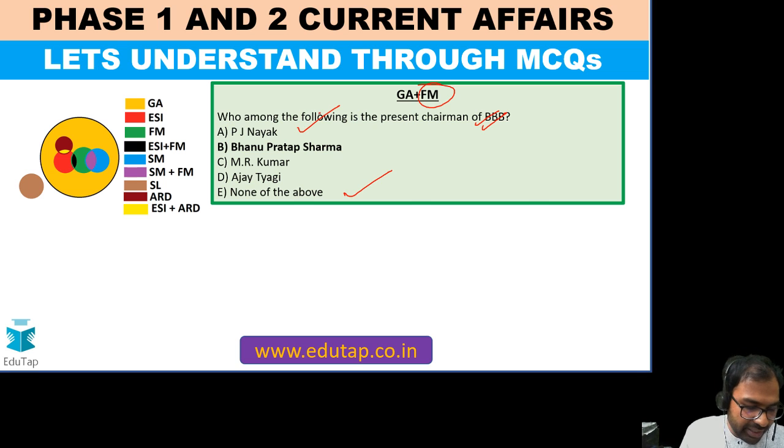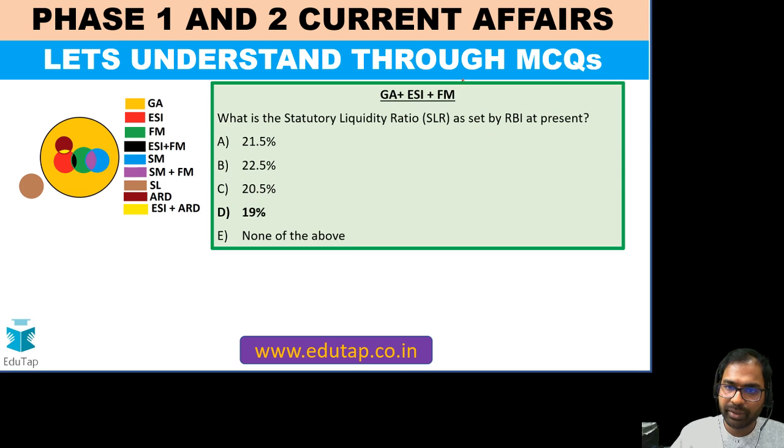But the best would be banking system in India. And why can this be asked in GA? Because anything based on current affairs which can be asked in finance and management is nothing but a subset of GA. Let's move on to this area, ESI plus FM. See this black area, there is overlap in ESI and FM also, and anything that can be asked in ESI and FM current affairs can be asked in GA.